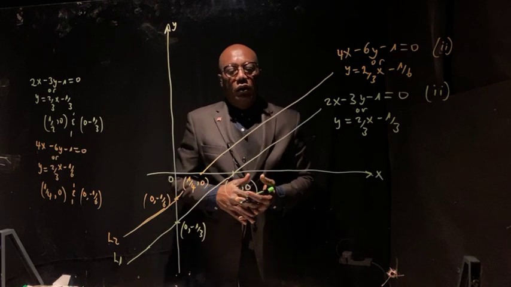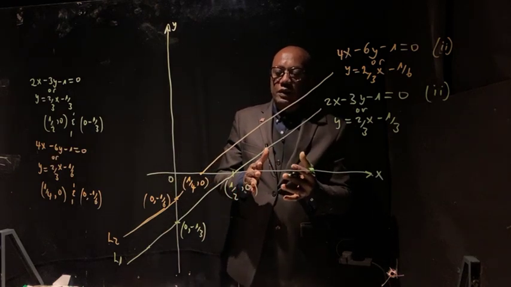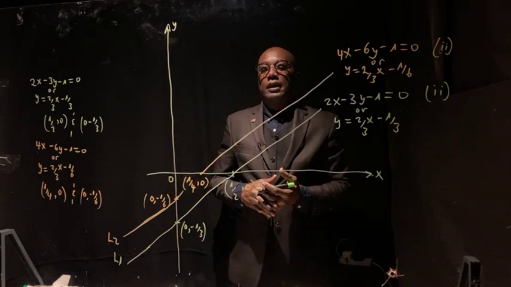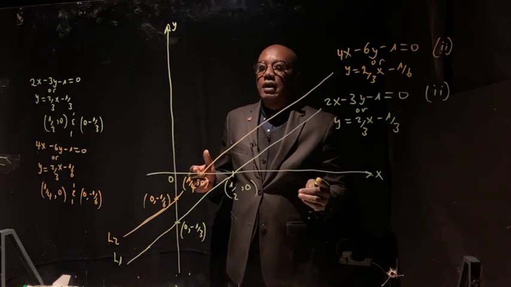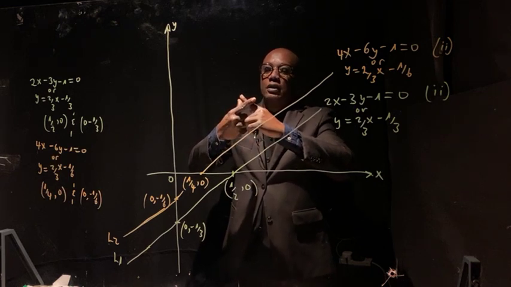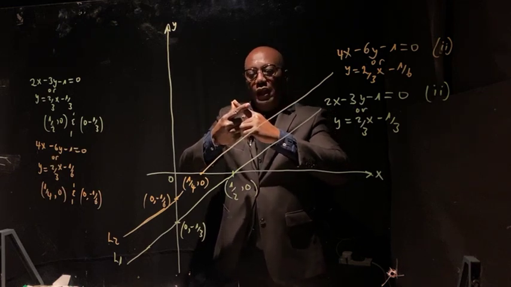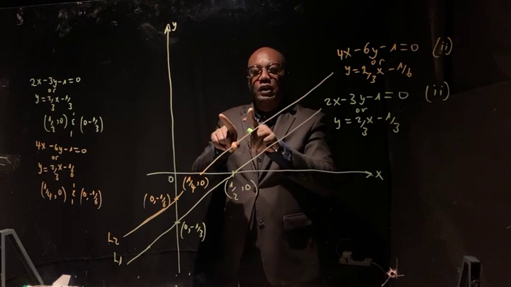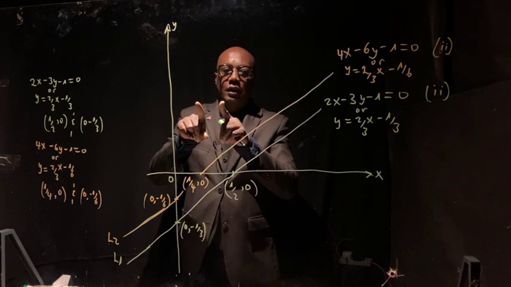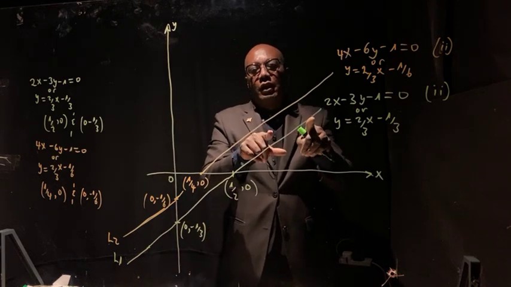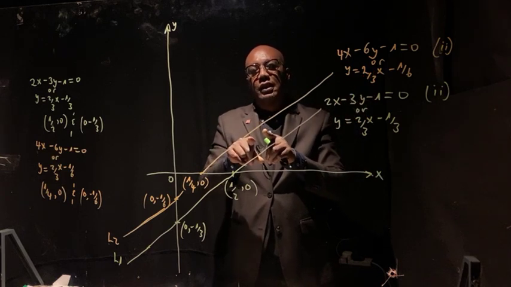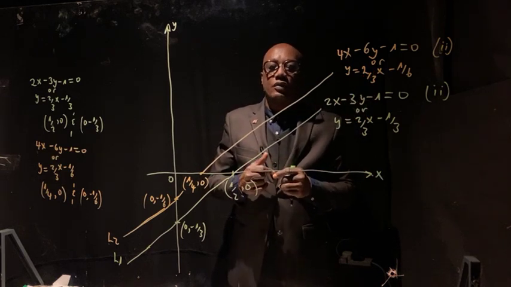Now, in concluding this part of this session, the case 2, we remember from the case 1 that two lines have solution if and only if they do intersect. Therefore, two lines will never have any solution if they do not intersect. In this case, we say that the two equations, because they do not intersect, are inconsistent.